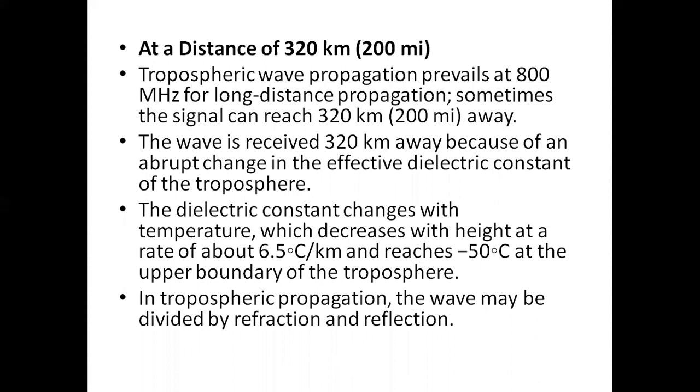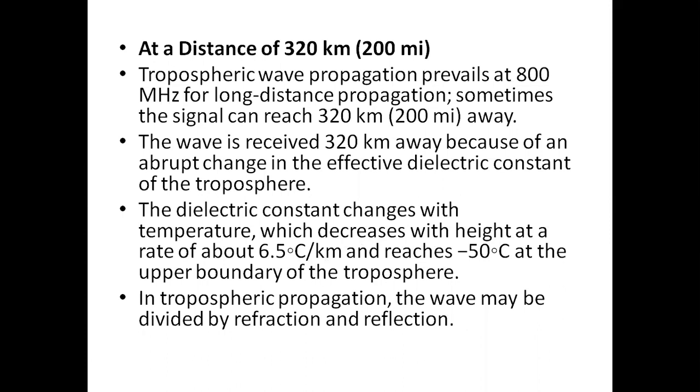Here, the temperature changes at a rate of 6.5 degrees centigrade per kilometer, and it reaches minus 50 degrees centigrade at the upper boundary of the tropospheric atmosphere.